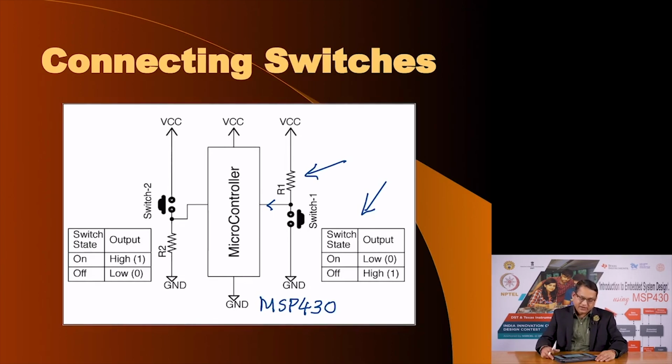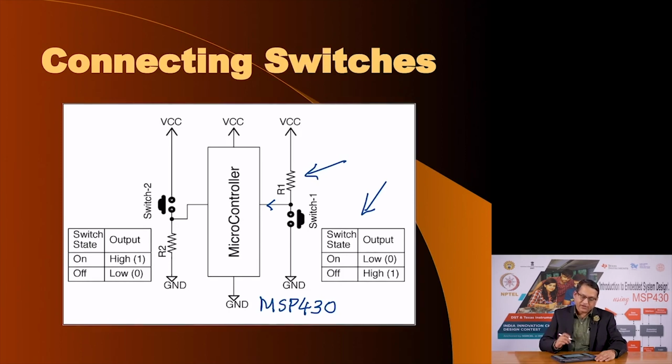There is another way to connect the switch, and that is illustrated on the left side of this diagram. Now, we want a different relationship between the on and off state of the switch and logic 1 and logic 0. We want that when the switch is pressed, I get a logic 1, and when the switch is released, that is when the switch is not pressed, I get logic 0.